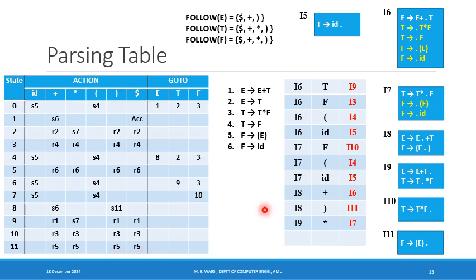So we have considered all the states, and we have filled the entries in the parsing table corresponding to every state, and now my parsing table is complete. So this is how we construct the parsing table for a given grammar, and I hope you have understood the method for constructing the SLR parsing table.